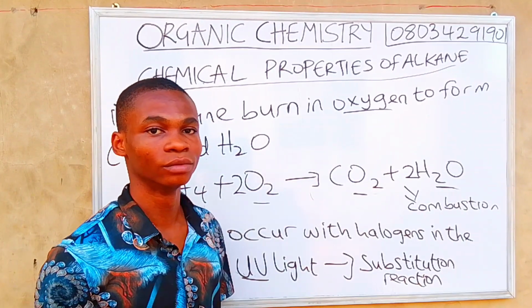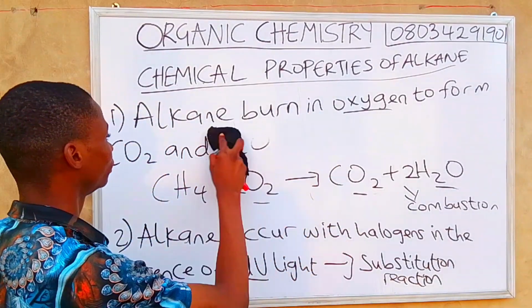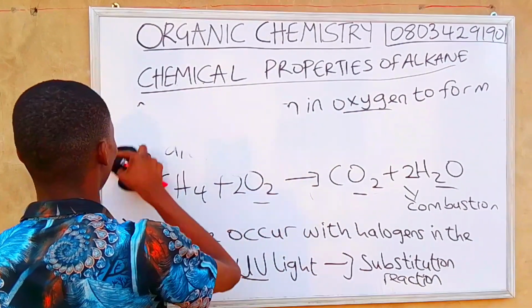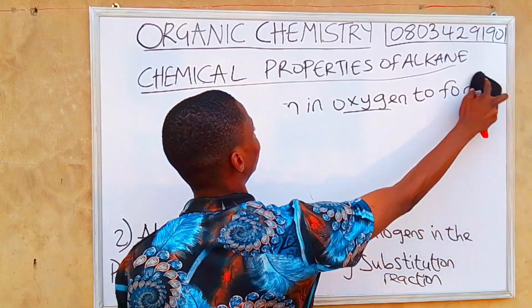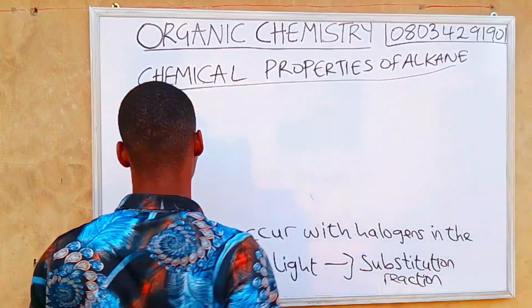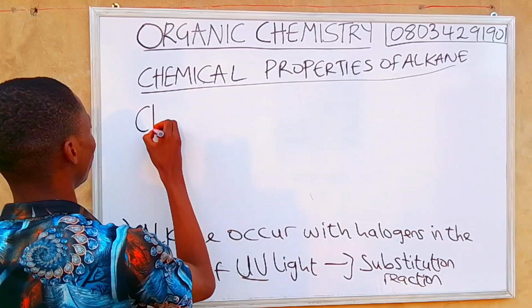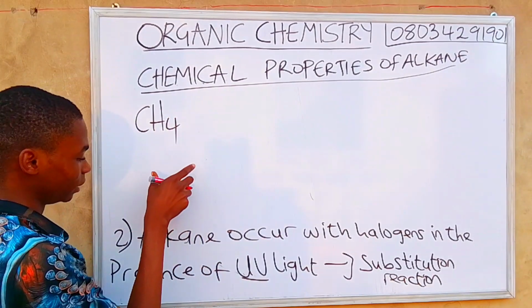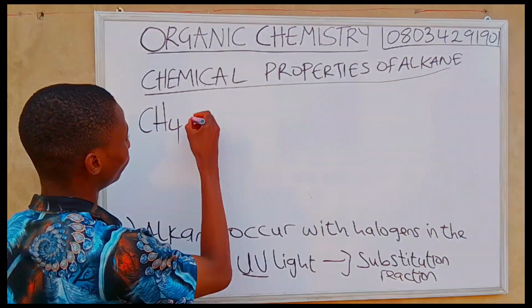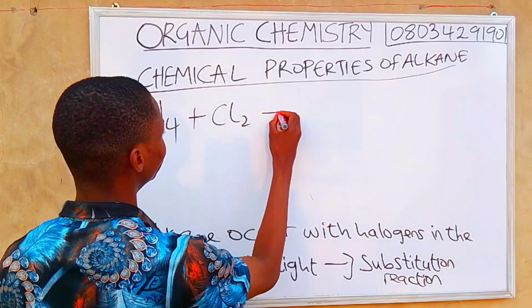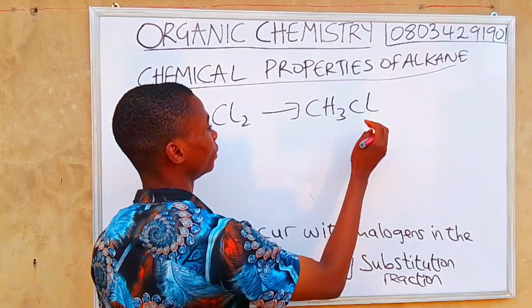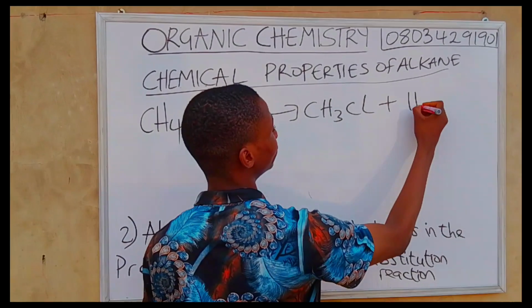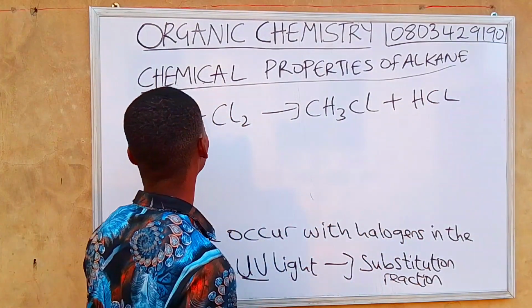So let me write out the reaction that occurs with halogen in the presence of ultraviolet light. As usual, we have our CH4, which is methane, plus Cl2 will give us CH3Cl plus HCl.